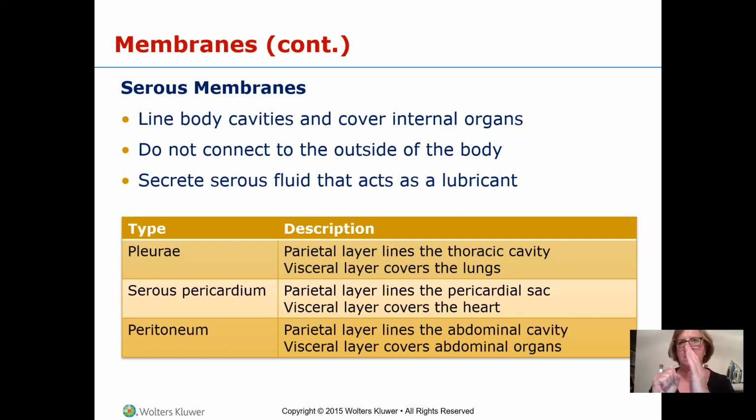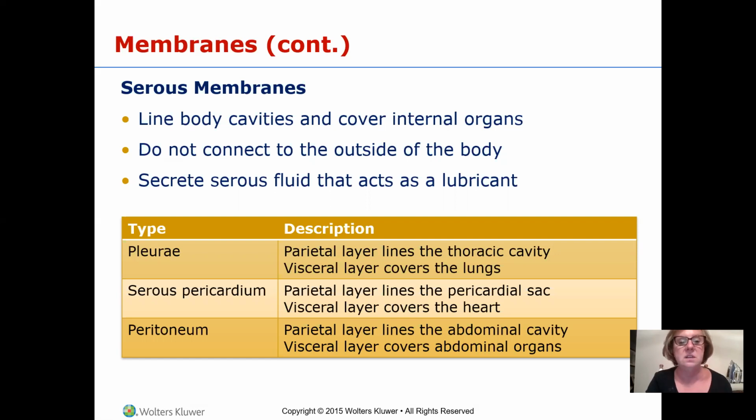Well, this would be like enfolding that balloon, pushing it in from the outside, and you're creating this pocket. It goes like this, right? And comes up and around. So you have a double layer that is being produced. Viscera means organ. So the lining that is closest to the organ itself is known as the visceral layer. The one on the outside is the parietal layer.